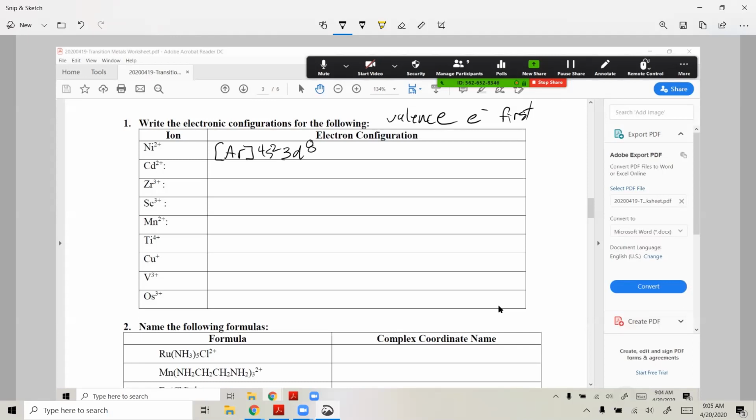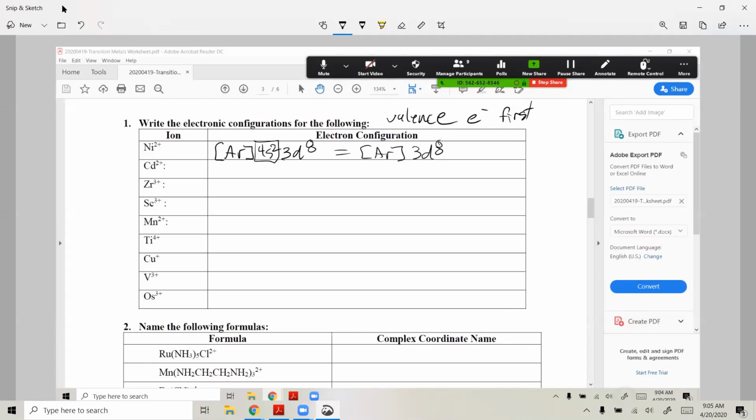So when nickel becomes an ion, the two that it's going to lose are going to be from that 4s2. So they're going to lose their valence electrons first. And so we're going to become argon 3d8.